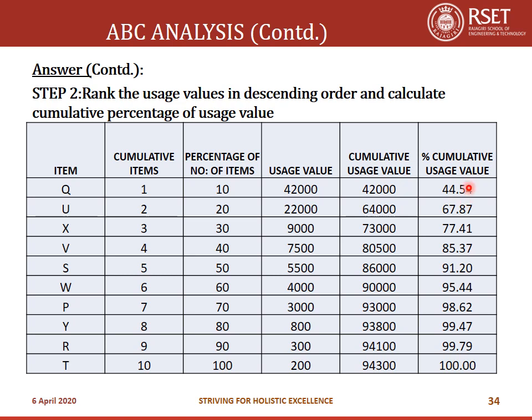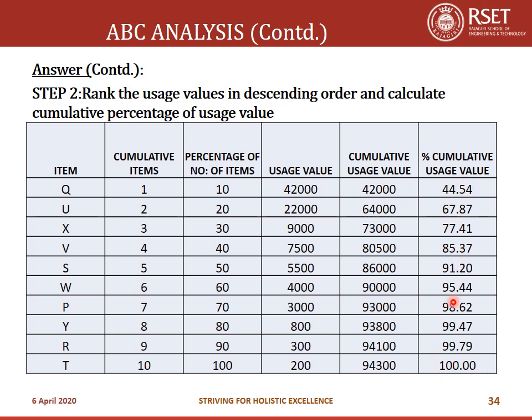So the percentage of cumulative usage value would be 42,000 divided by 94,300, 44.54 percent. 64,000 divided by 94,300, 67.87 percent. 73,000 divided by 94,300 gives you 77.41 percent, and so on and so forth until 94,300 divided by 94,300 will give me 100 percent of the cumulative usage value.